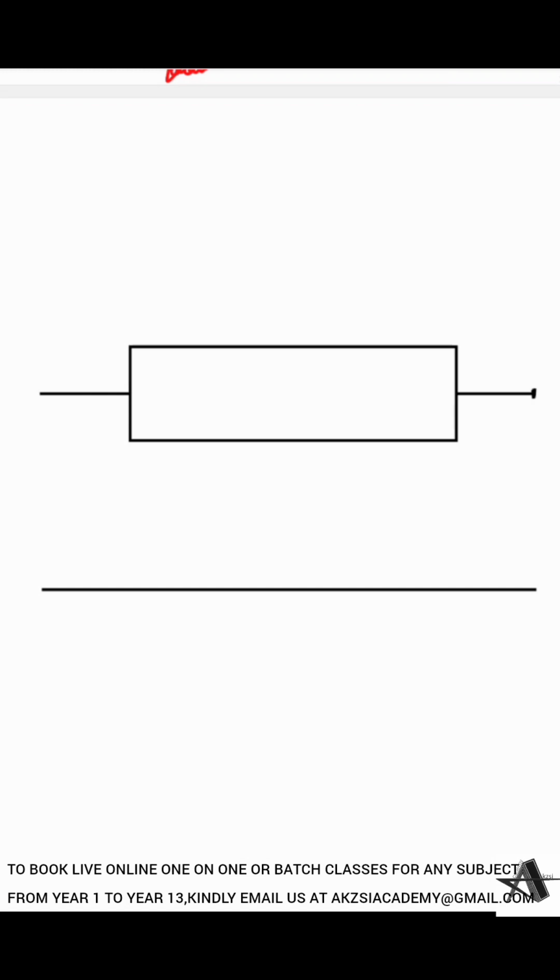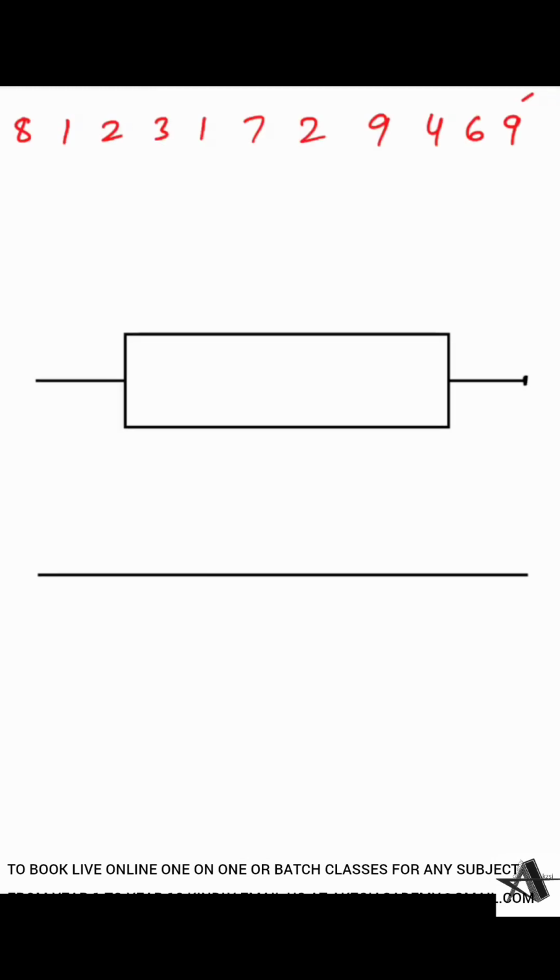Suppose the question is given as 8, 1, 2, 3, 1, 7, 2, 9, 6. This is discrete data. Our very first aim is to arrange them in ascending order. So ascending order would be 1, 1, 2, 2, then 3, then 4, then 6, then 7, then 8, then 9, then 9.